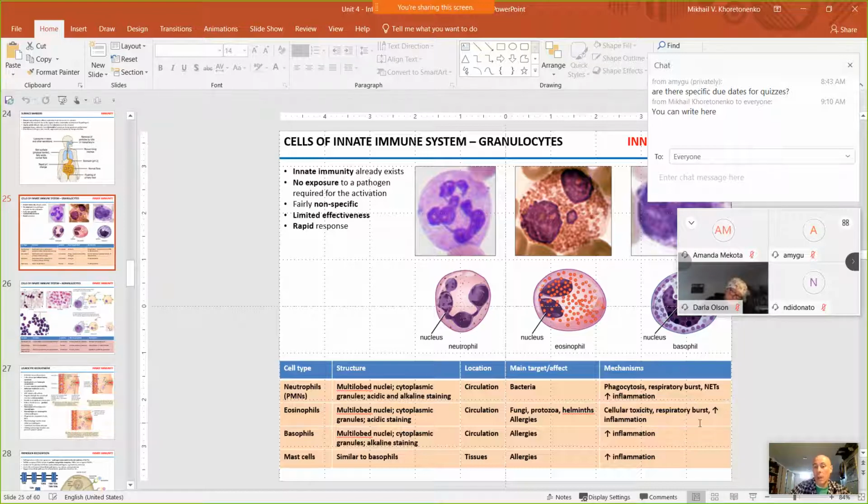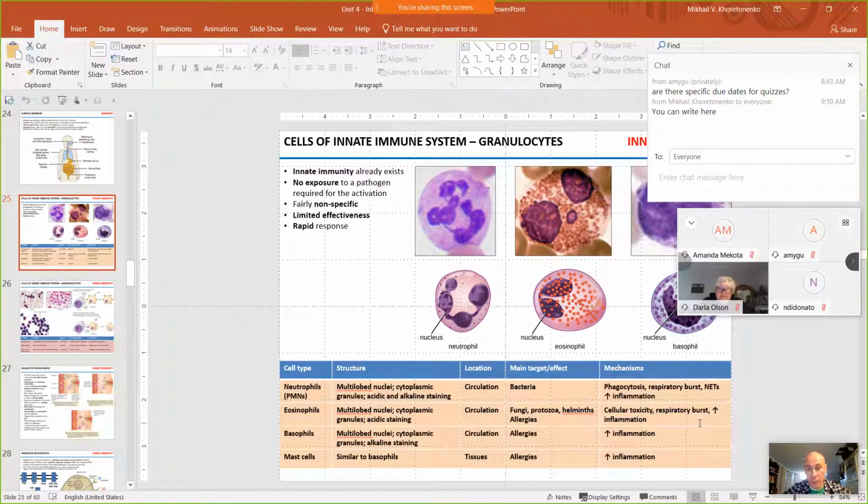If for some reason you get a question and you have to describe the basic mechanism of neutrophils, and you forget to mention respiratory burst or NETs and just say phagocytosis, I'm fine with that. If you're completely wrong, like you tell me neutrophils can produce antibodies, no, they can't.